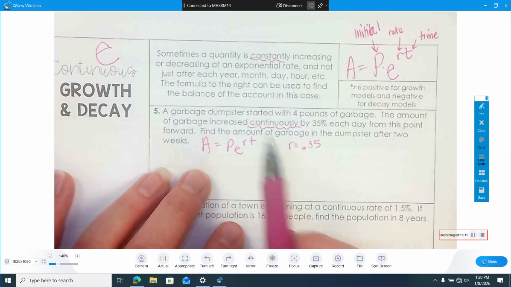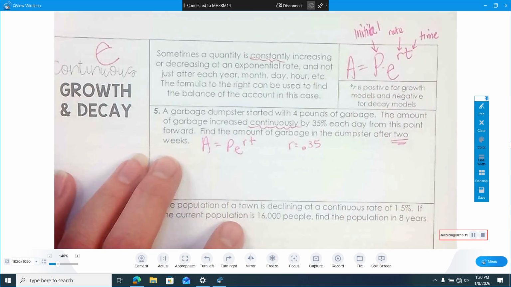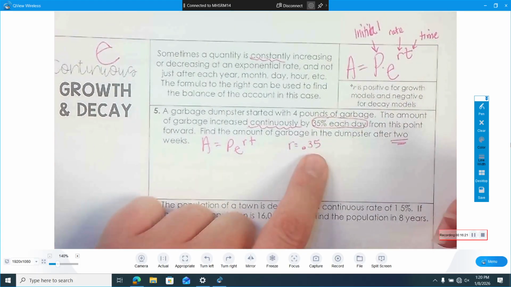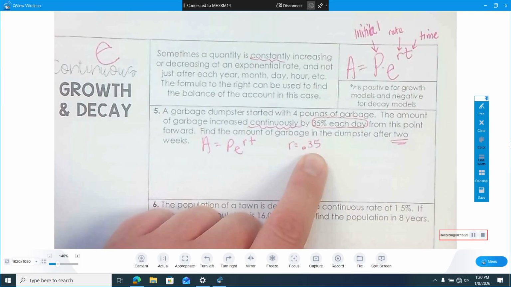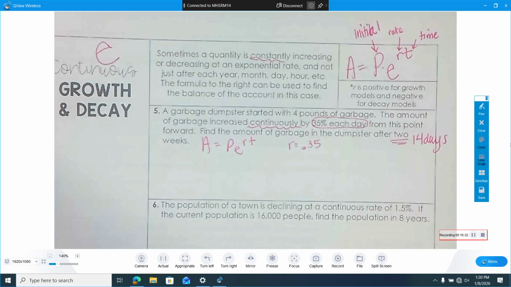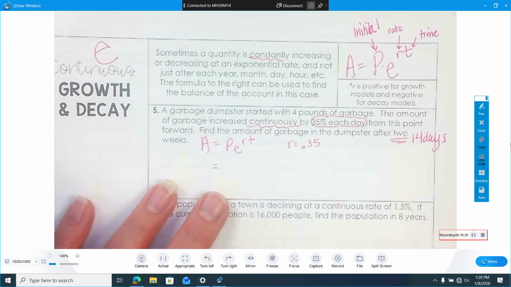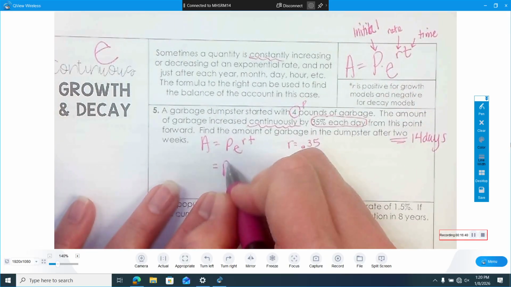Find the amount of garbage in the dumpster after 2 weeks. Do I use 2? Why do we use 14? This is 35% every single day, so we want to make sure they match. So 2 weeks is actually 14 days. You do want to read carefully and make sure those match up. What was my initial amount? 4 pounds, so that was my P, the beginning amount of garbage.